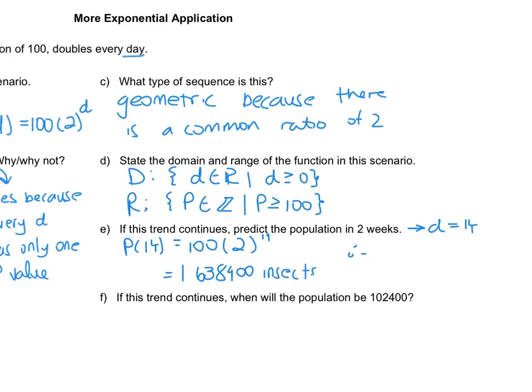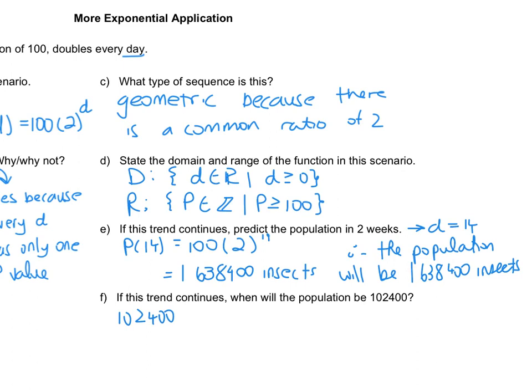And then we'll put a little therefore statement. Therefore, the population will be 1,638,400 insects.